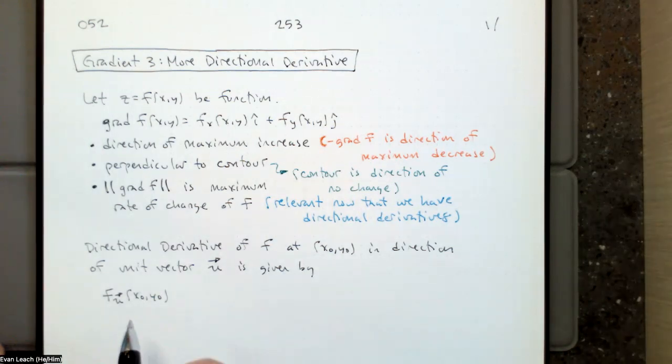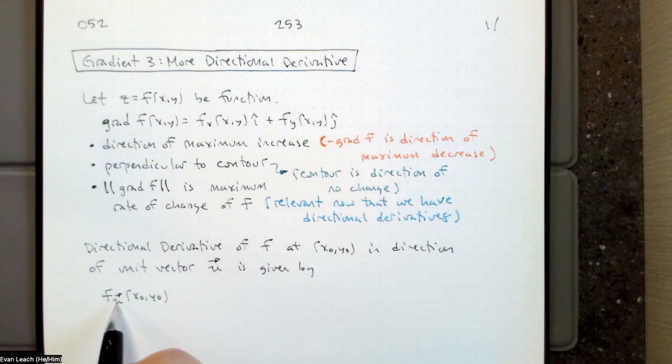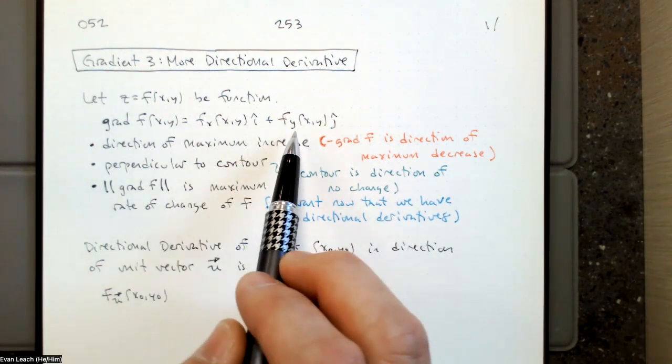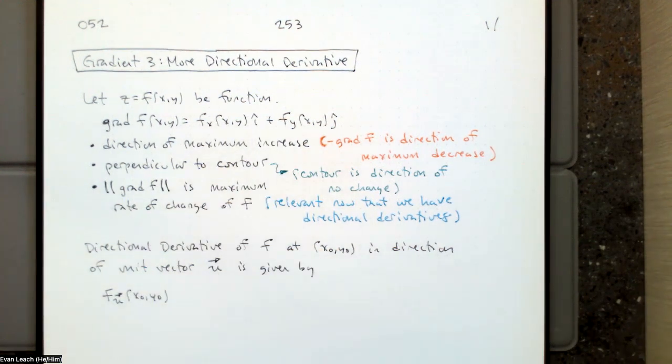And so the derivative in the direction of a unit vector u, f_u, that's an unfortunate choice of notation, but that's what we got. f_u of x0, y0. We're using the same kind of notation that we did for partial derivatives. We have f_x and f_y as our partial derivatives, the rate of change of f in the x direction and in the y direction.